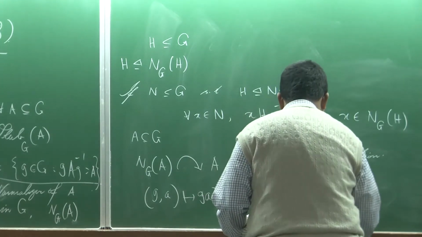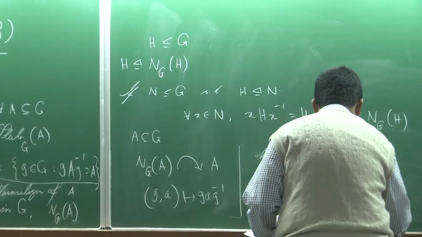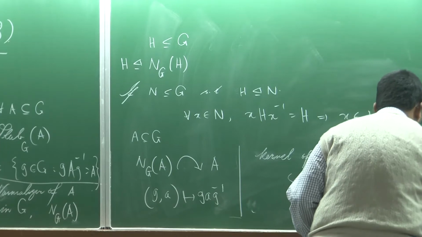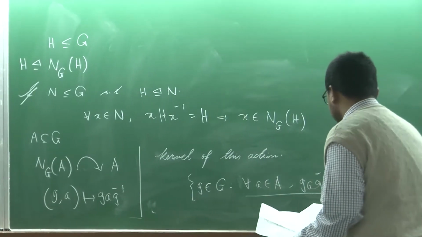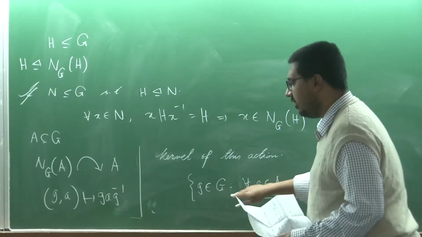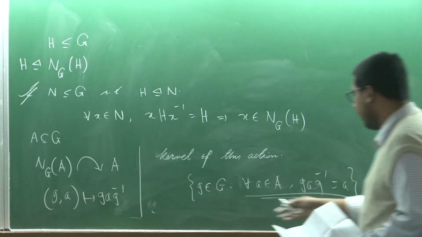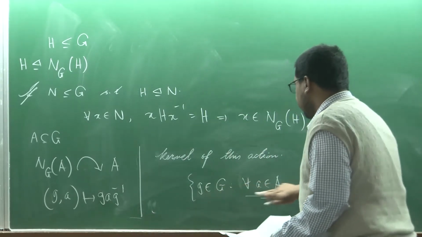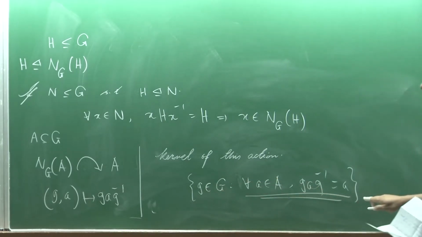such that for every a in A, gag^{-1} is a. So these are all the group elements which fix all elements in A by conjugation.